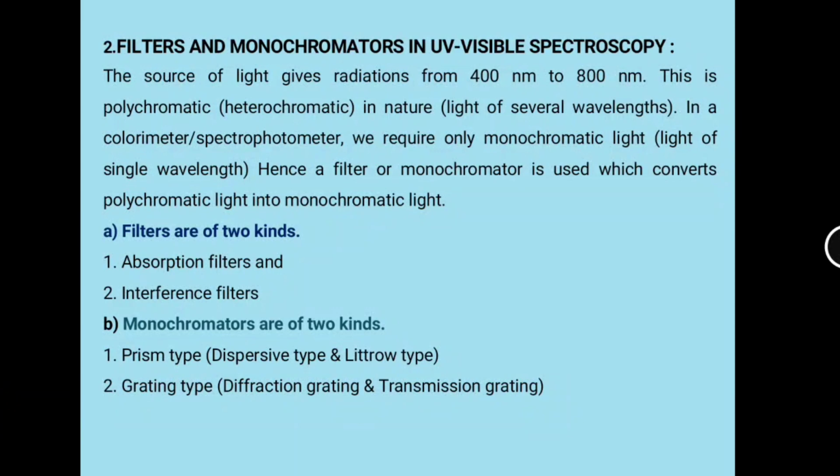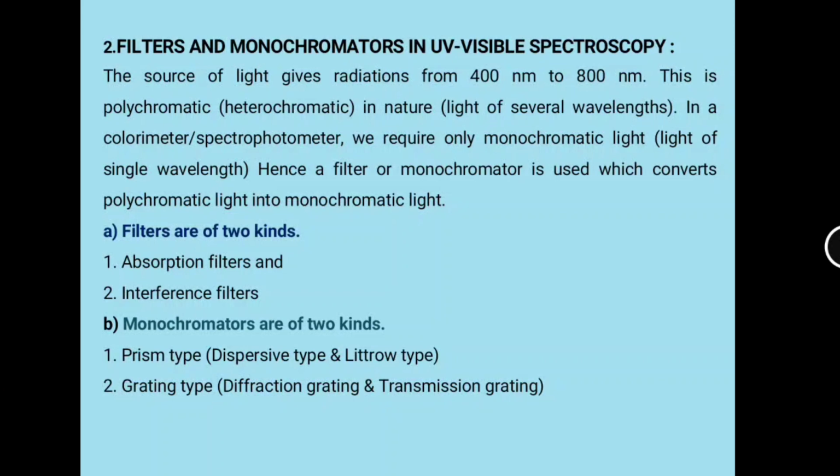Next, coming to the filters and monochromators used in UV visible spectroscopy. The source of light gives radiations from 400 to 800 nanometers. These radiations are called polychromatic radiations. In photometry, colorimetry or spectrophotometry, we require only monochromatic radiations.